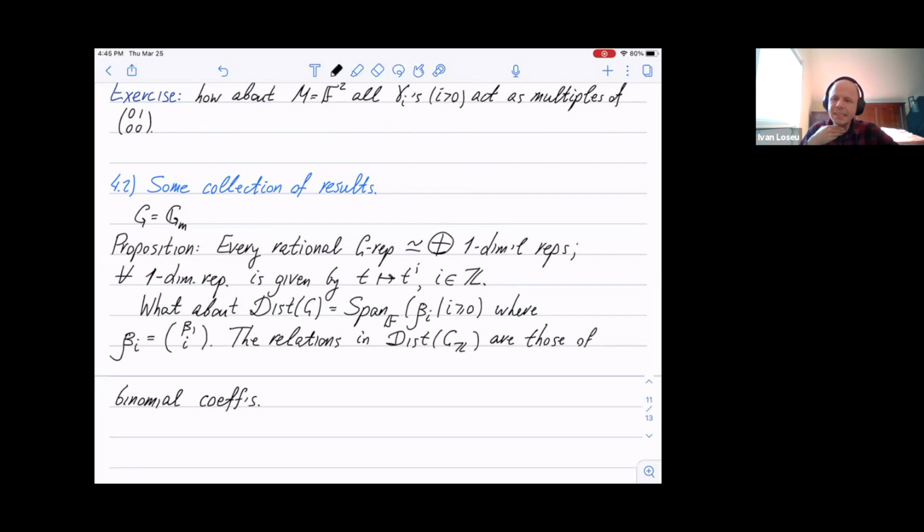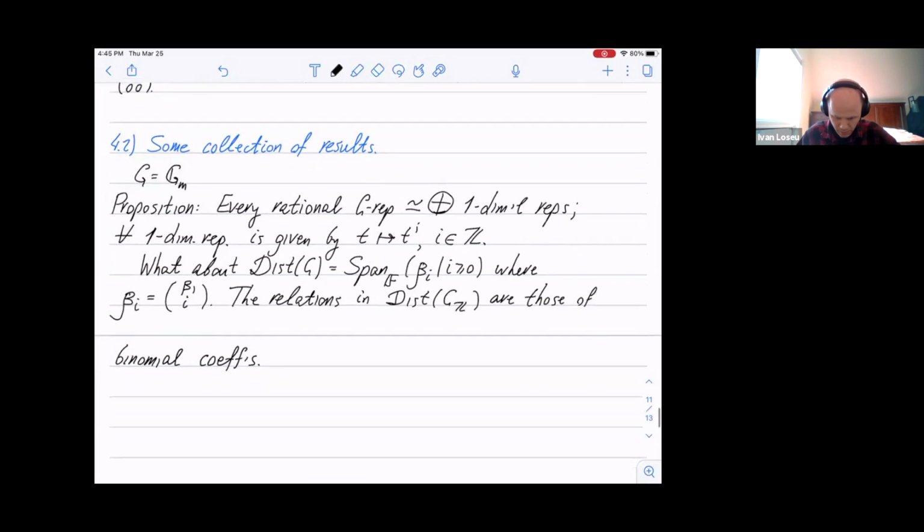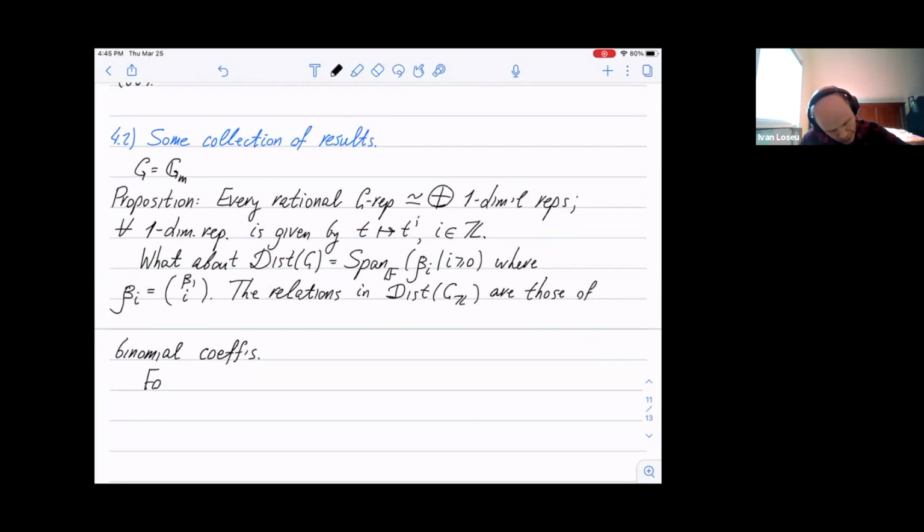So using this, I can plug everything into a binomial coefficient. In particular, I can plug in a p-adic number. So for x a p-adic integer, I have a homomorphism from Dist(G_m) over the integers to the p-adic integers, which takes beta_i and sends it to x choose i.